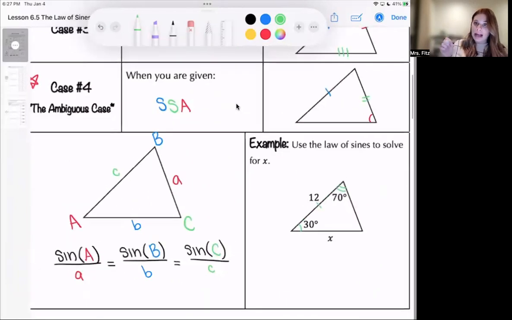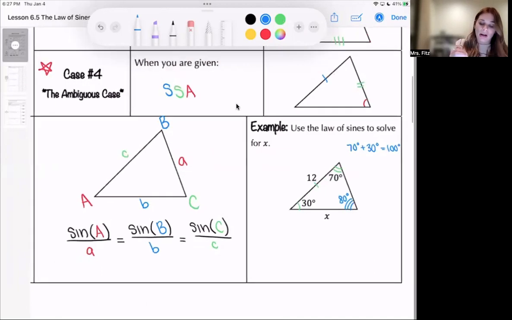Now, there's one catch here because the formula requires that we know the angle opposite of the side given, and we don't actually know this third angle. But we can solve for it pretty easily because the sum of the angles in a triangle add up to 180 degrees. So 70 degrees plus 30 degrees is 100 degrees. That means this would have to be 80 degrees, to add up to 180 degrees.